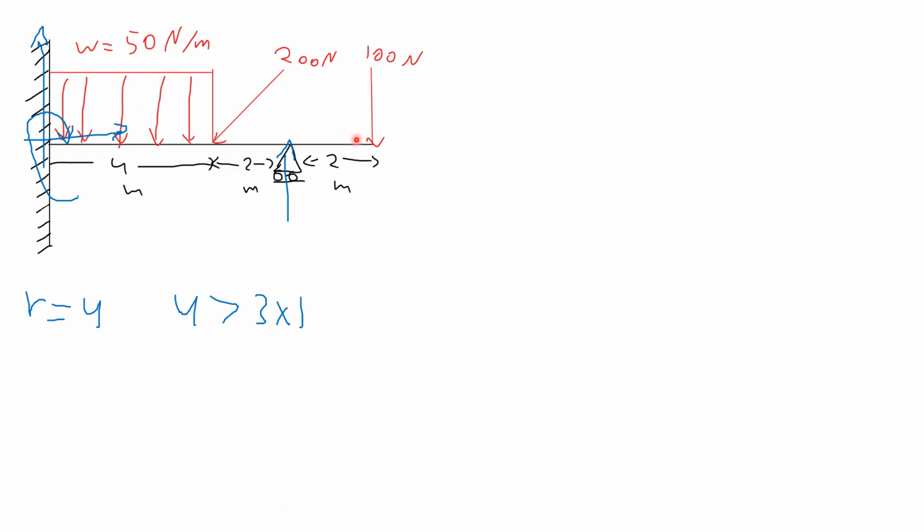The structure here is one piece, or the beam or whatever is one piece. There are no joints to divide the structure into 2. So it's 1, and 4 is bigger than 3. So the structure is statically indeterminate.